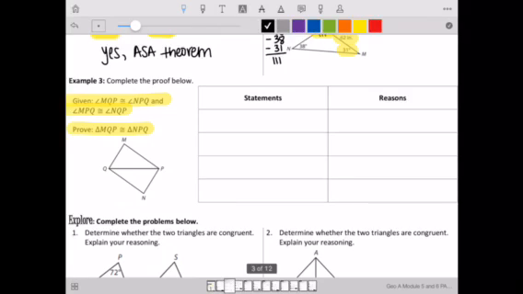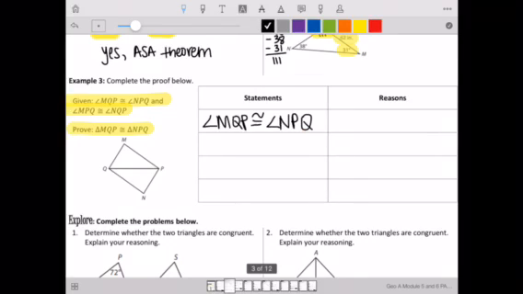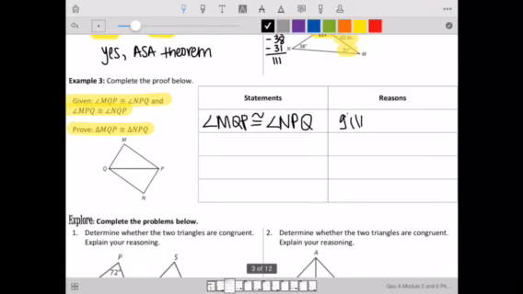So we are given that angle MQP is congruent to angle NPQ. That is a given fact. We are also given that angle MPQ is congruent to angle NQP.